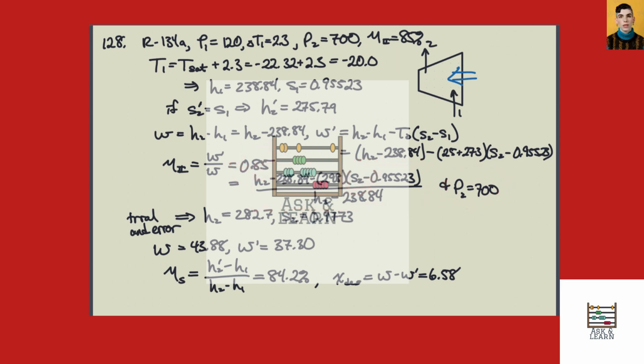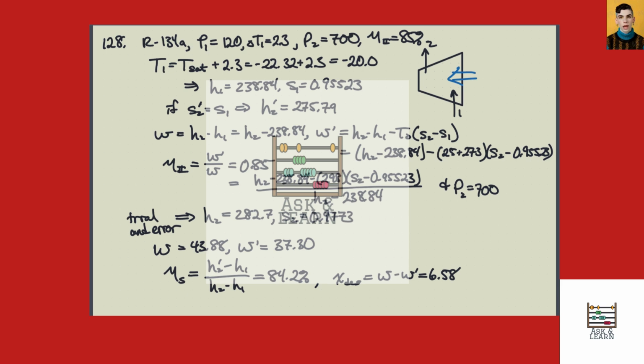So we can circle through that and see, as you go up in entropy, how does this change? Then iterate, do some interpolation, and try again. So anyway, after some trial and error, we get that the enthalpy at the exit is 282.7 kilojoules per kilogram, and the entropy at the exit is 0.9773 kilojoules per kilogram Kelvin.